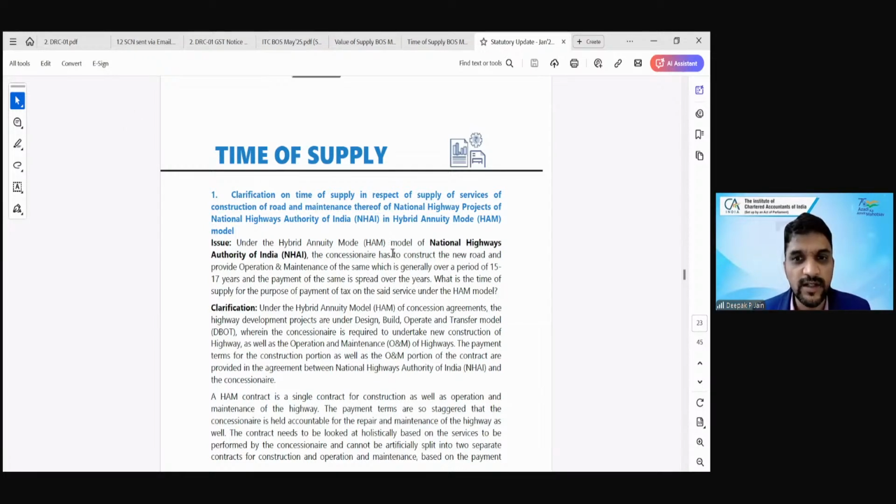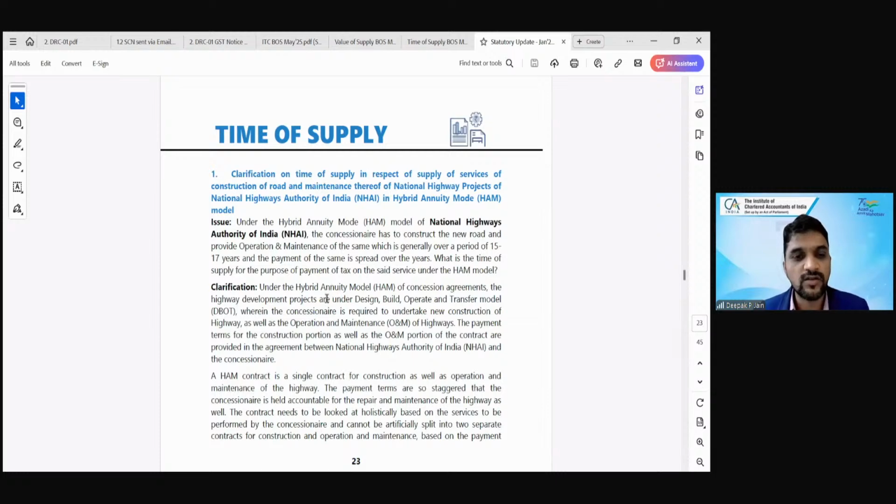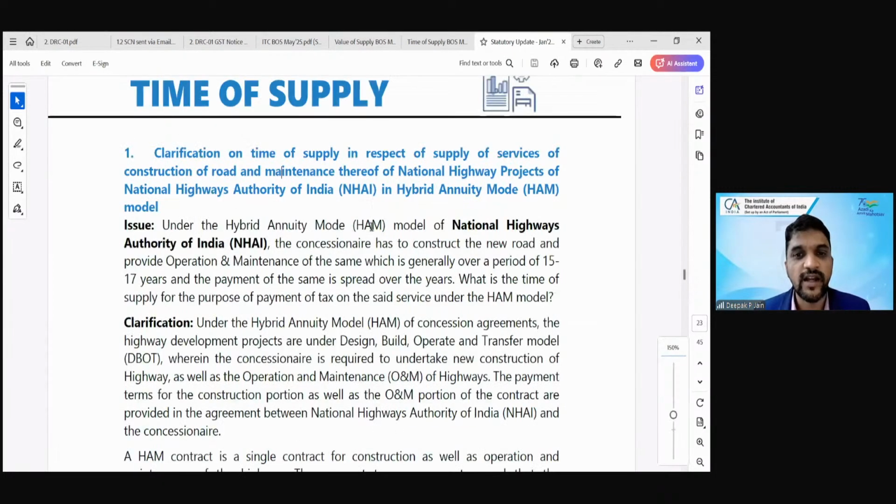HAM model means hybrid annuity model. Under the hybrid annuity model of NHAI, the concessioner, that is the contractor, has to construct the new road and provide operation and maintenance of the same, generally over a period of 15 to 17 years.